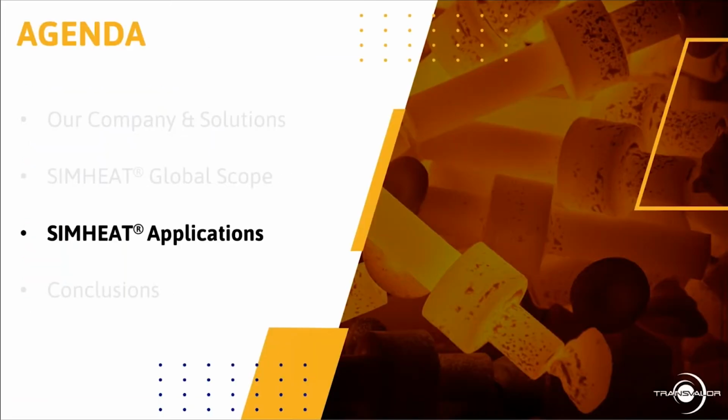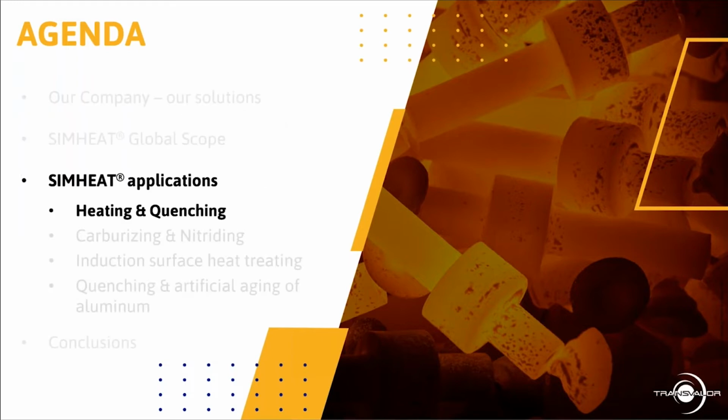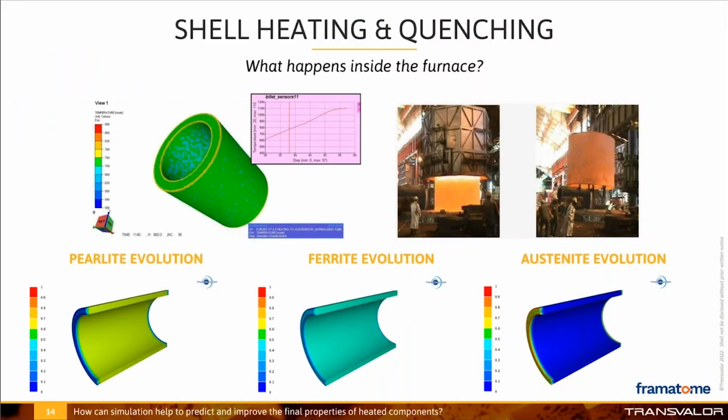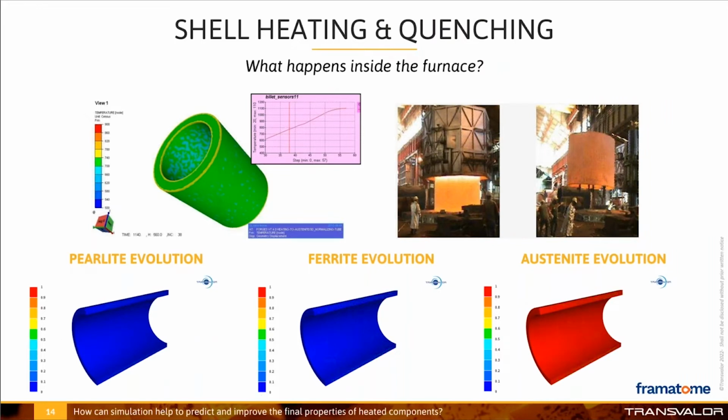Now, let's see together some SIMHEAT applications, and how, thanks to our solution, we can respond to customer needs. First, we will start with a simulation of heating and quenching. For a long time, heat treatment was considered a black box.